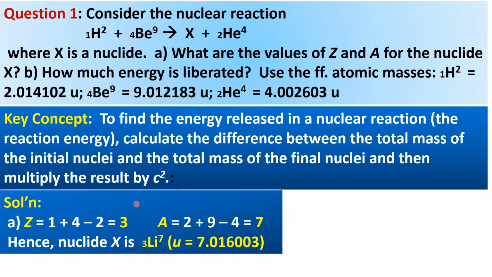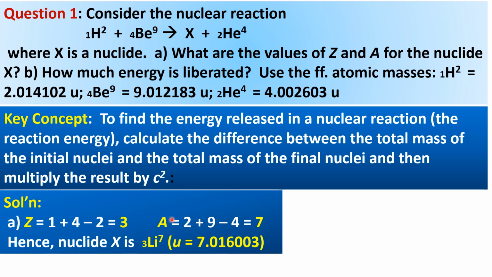So what we get is a Z value of 3. And that element or nucleus, which has an atomic number of 3, is actually the nucleus lithium, whose atomic mass number is 7. Right?